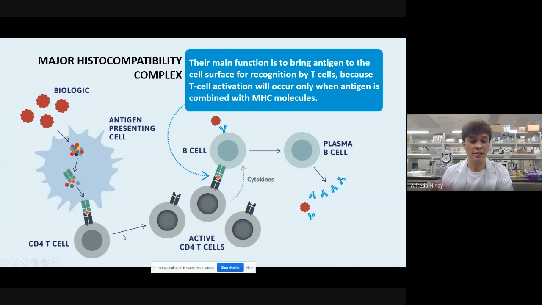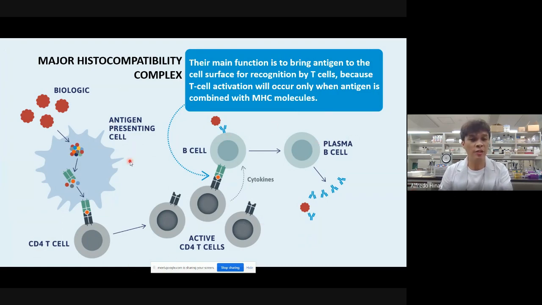As we discussed in the previous video lecture, your adaptive immune cells are composed of your B cells and your T cells, and some reference books also consider NK cells as part of the adaptive. So here you have your T cells, B cells, and your plasma cells that will eventually produce antibodies. This one is your adaptive immunity.